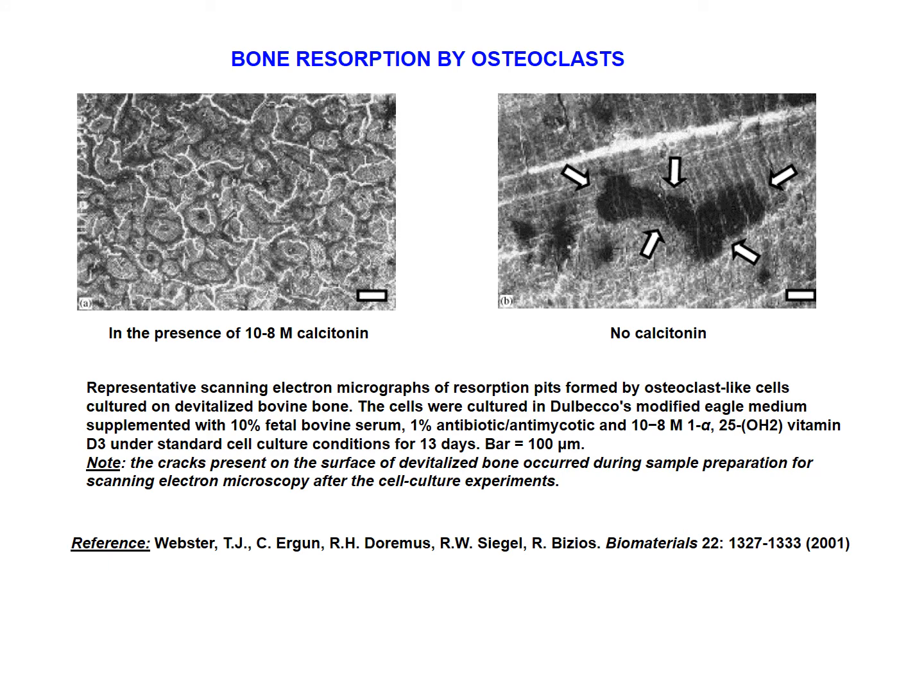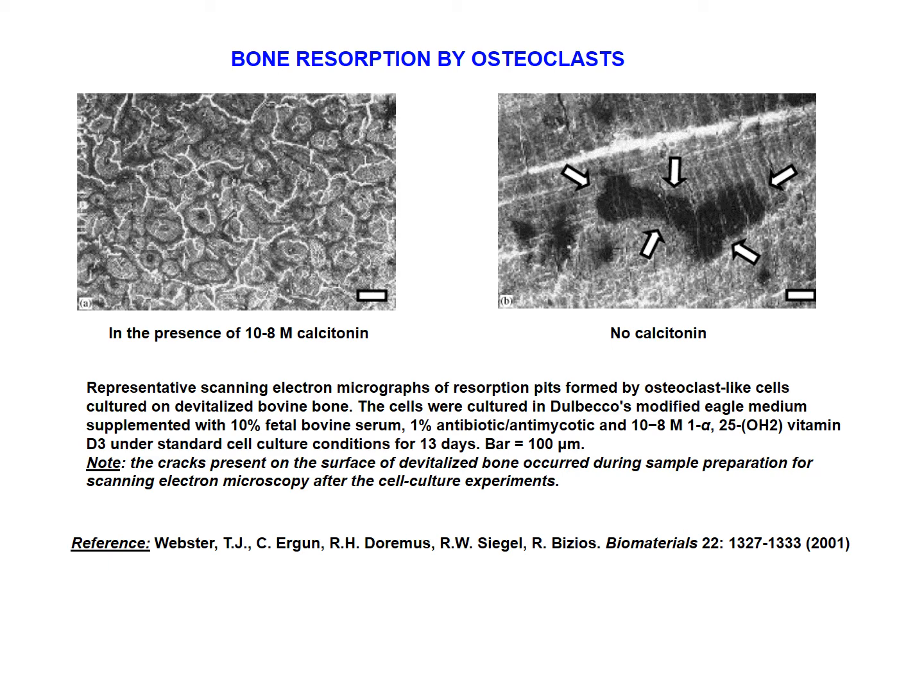Resorption of the extracellular matrix of bone by activated osteoclasts can be checked in the laboratory by doing a pertinent experiment. The results of such an experiment are shown on this slide. On the scanning electron micrograph on the left, you have an illustration of the extracellular matrix of bone.